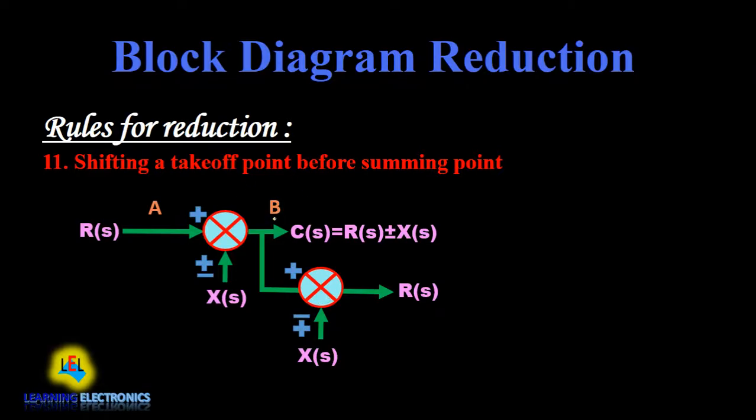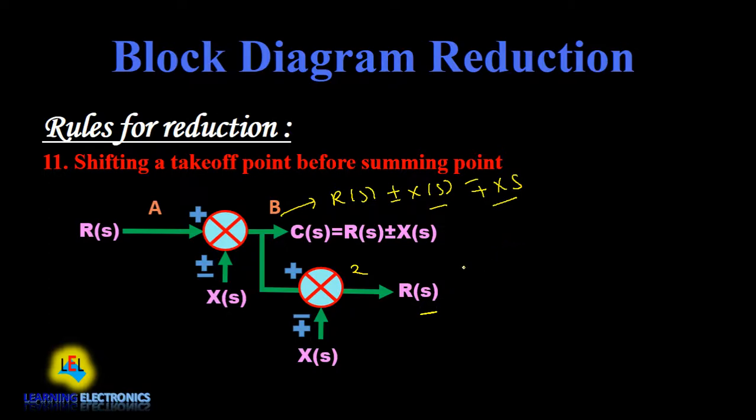Here you can see that the output of this summing point is R(s) plus minus X(s), and this will go into the second summing point, where minus plus X(s) will be added. So this X(s) and this X(s) will cancel out and we get R(s) here.